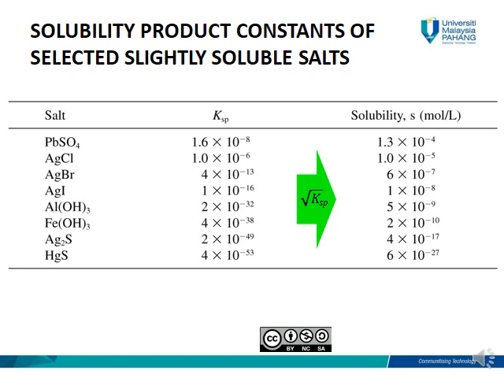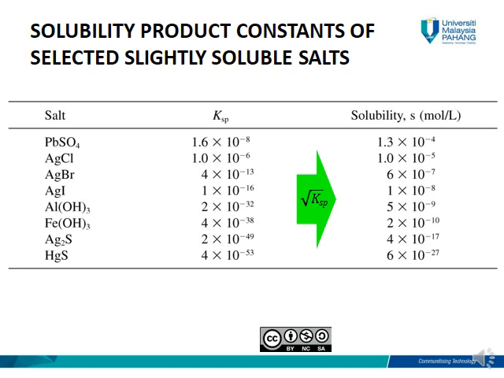When we consider solubility based on this table, a very high KSP value means it has a very high potential to be soluble. When you have a very low KSP value, it is not easily soluble in water. Solubility equals the square root of the KSP value.